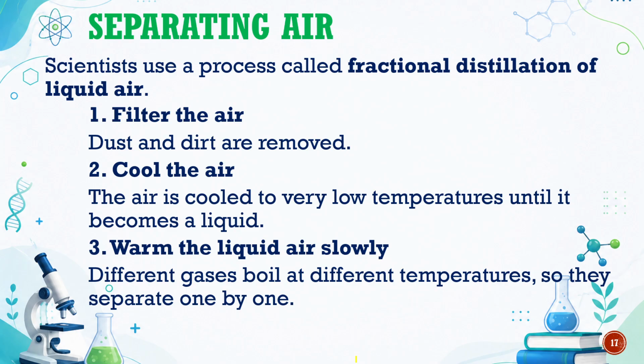So that's how fractional distillation works for liquid air to separate out the gases, because each individual gas has its own boiling point. When it is boiled at different temperatures, each gas separates out, and that's how we separate air, which is basically a mixture.